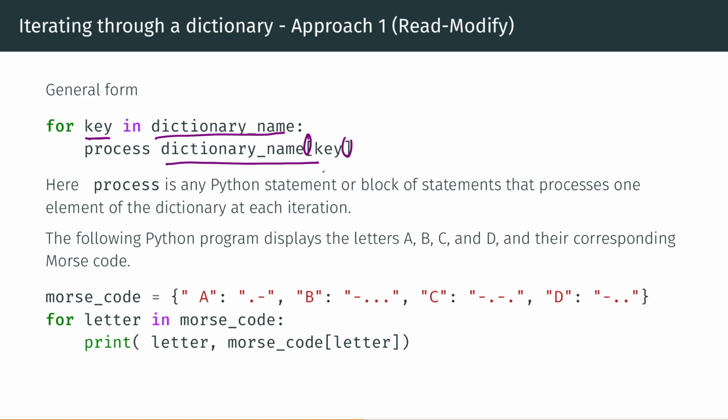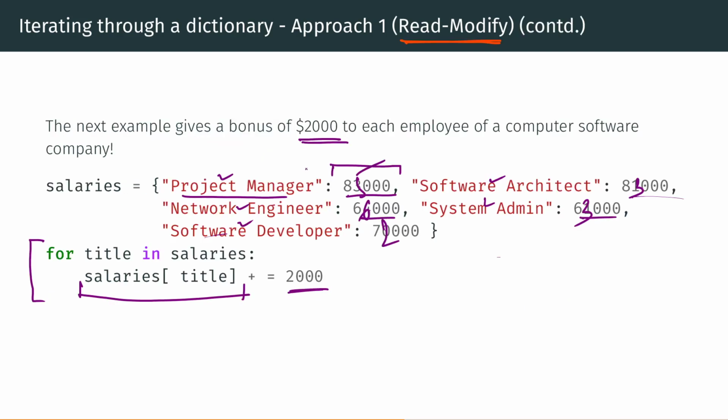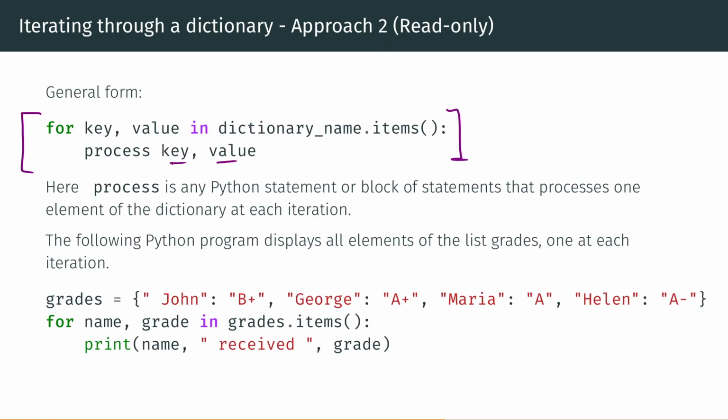Just to be on the same page, you can also modify the value if you use something like this. If you were to say for each key, value in dictionary_name.items(), process key, and then dictionary_name[key], then you could change the dictionary as well.